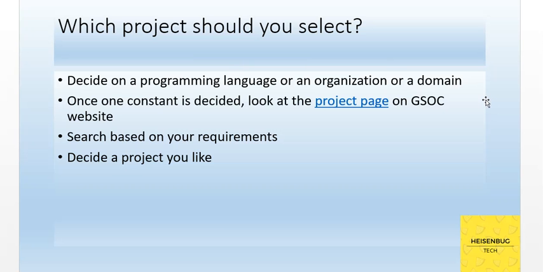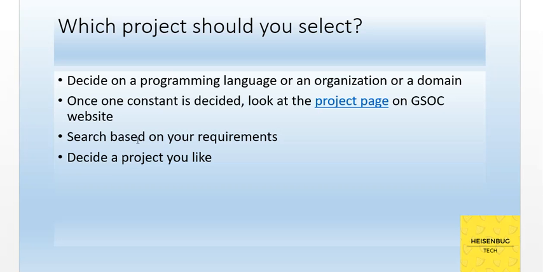Let's see. I am interested in getting involved in the machine learning domain, but if I find something more interesting in another domain, I am open to that as well. So once we have these constants decided, we can look at the project page on the GSoC website. I'm going to take you there in just a little time.